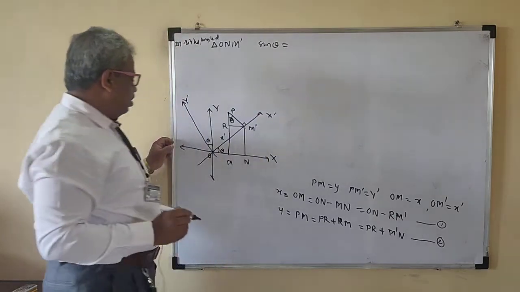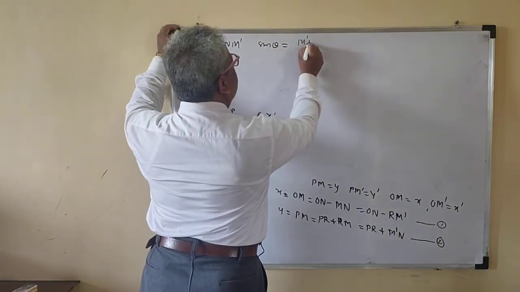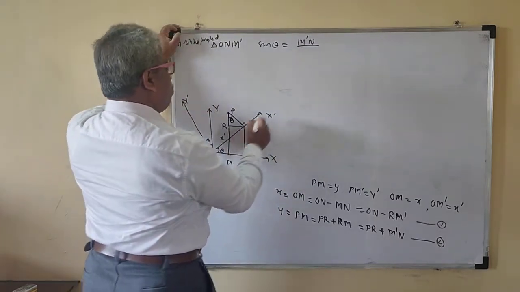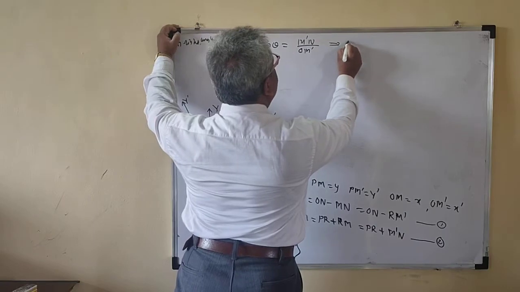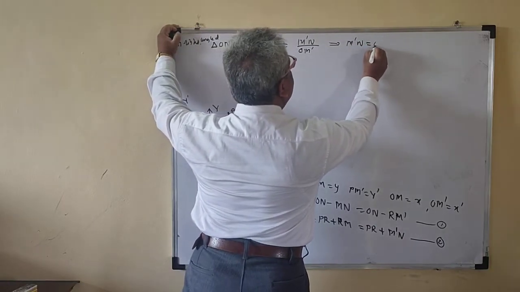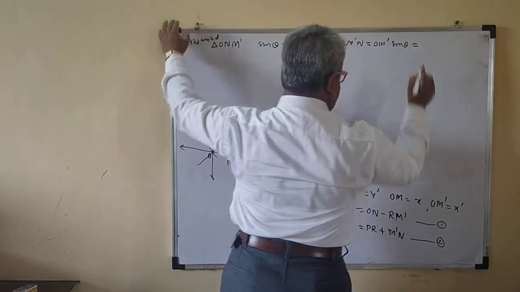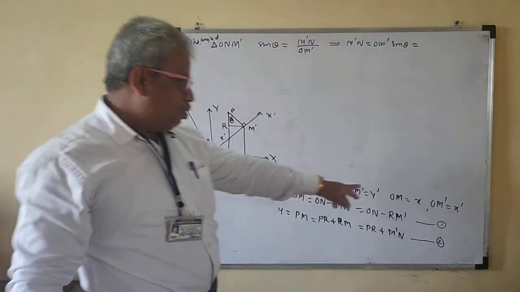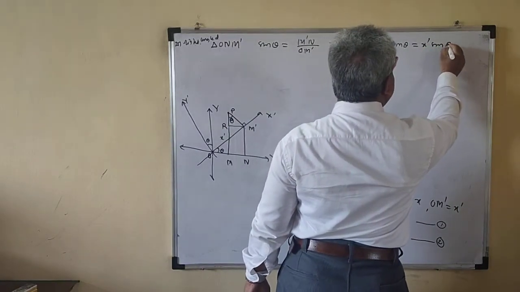So what is sin theta? Opposite side M prime N upon OM prime. So this implies that M prime N is equal to OM prime sin theta. But what is OM prime? We have OM prime is x prime. So this is x prime sin theta.